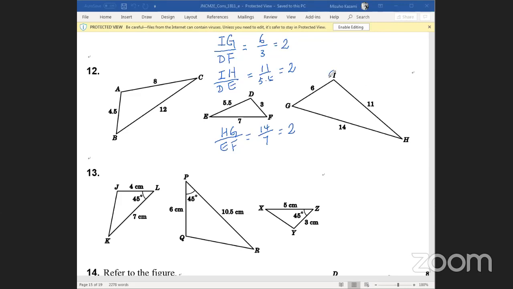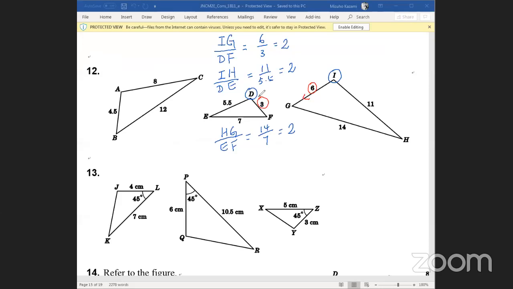6 and 11, I should pass with D, usually I will follow like that. If I go to G in this way, I follow this length. Because the ratio is 2, this length should correspond to this one.